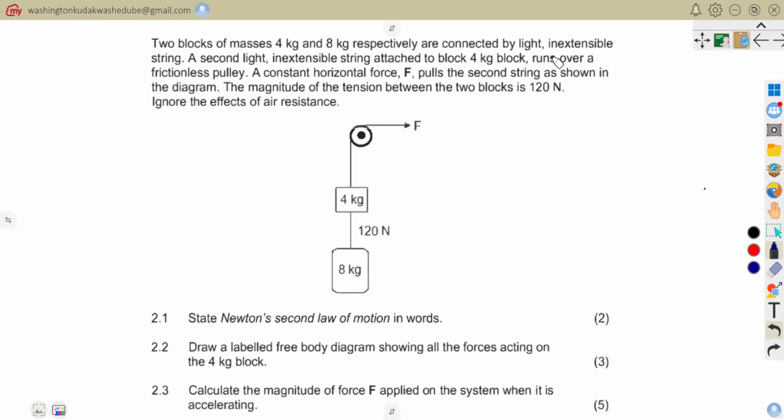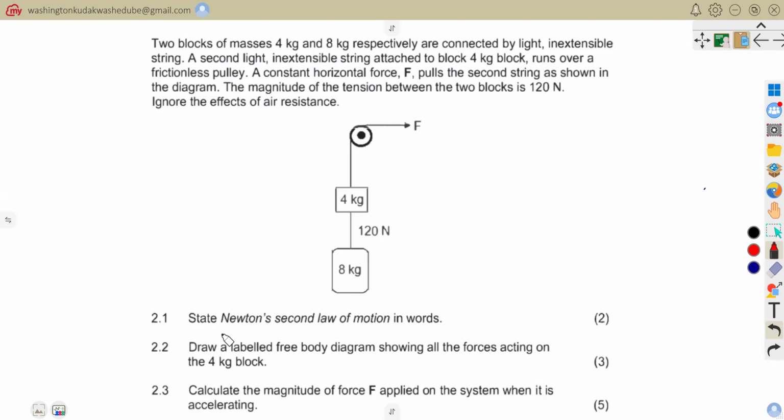This string runs over a frictionless pulley, and then a constant horizontal force F pulls the second string as shown in the diagram. The magnitude of the tension between the two blocks, the tension due to this string, is equivalent to 120 newton. And then they're saying ignore the effects of air resistance.